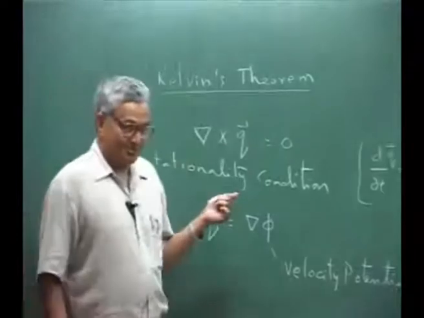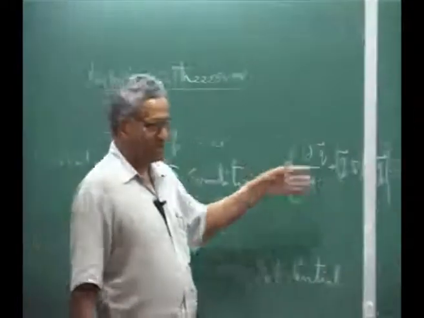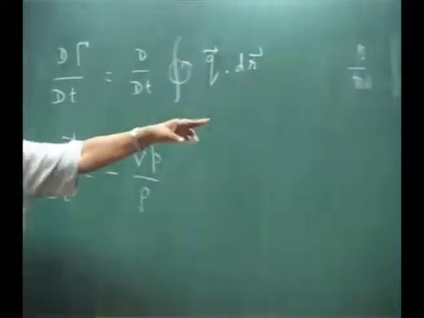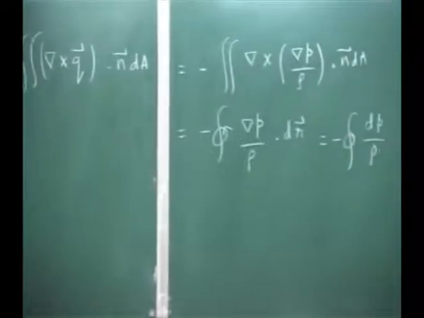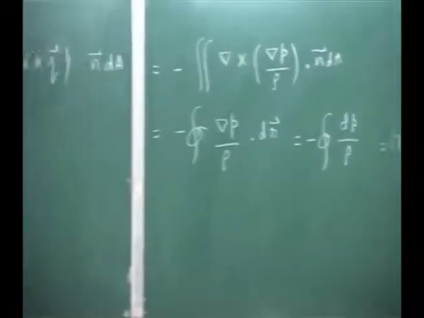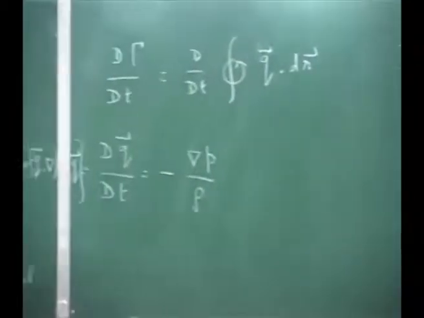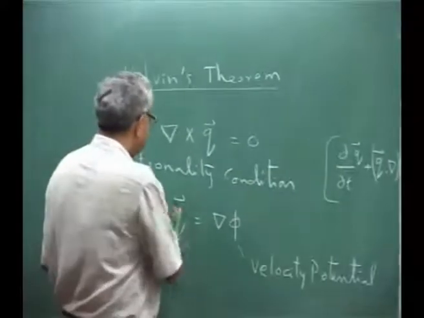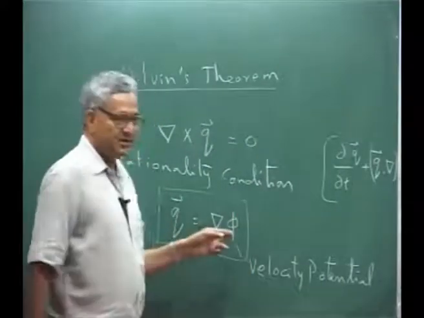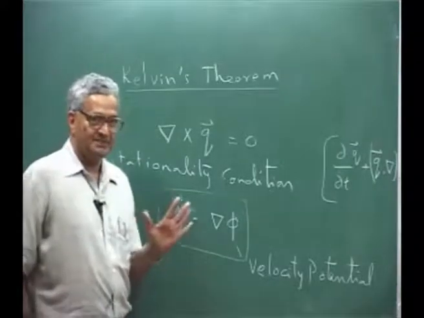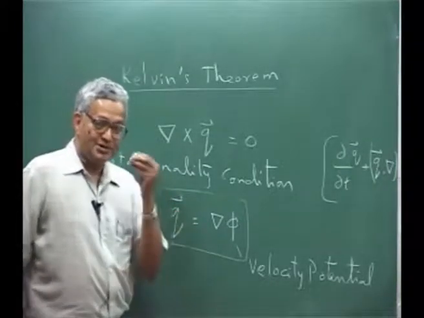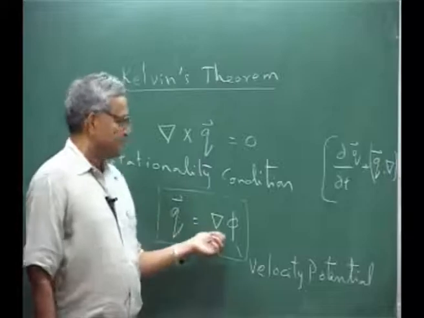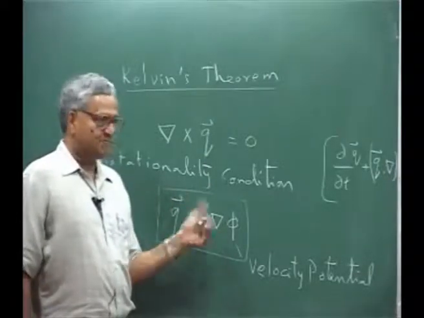Then Kelvin's theorem: you define what is circulation, gamma is the integral of q dot dr. Then Stokes theorem comes, because the line integral is the area integral. Then you invoke Kelvin's theorem. Once you have proved this much, my velocity can be written as a gradient of a potential. That is how the potential flow has come into picture. You call it a potential flow because q can be written as a gradient of potential.